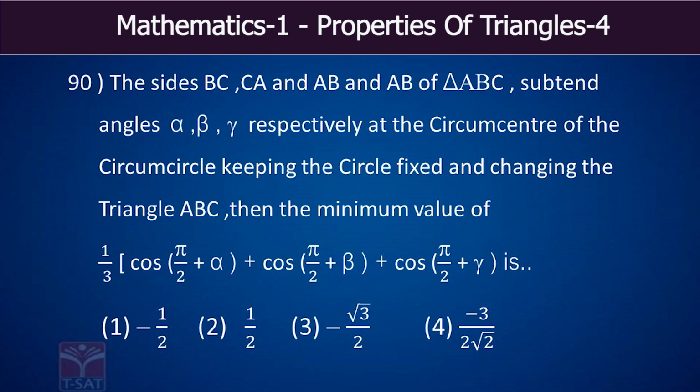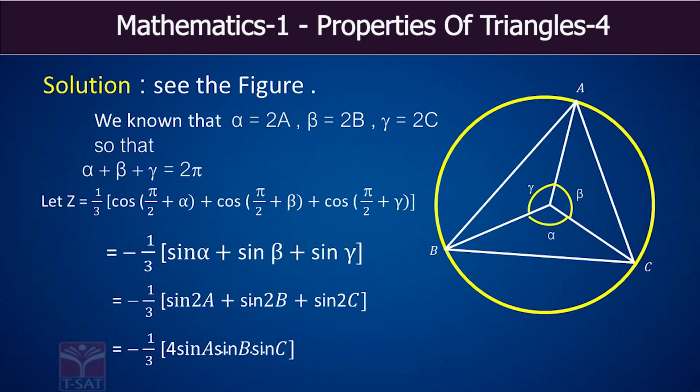Then the minimum value of 1 by 3 into cos of (pi by 2 plus alpha) plus cos of (pi by 2 plus beta) plus cos of (pi by 2 plus gamma) is. The options: 1 is minus 1, 2 is half, 3 is minus 3 root 3 by 2 and 4 is minus 3 by 2 root 2. See the figure.